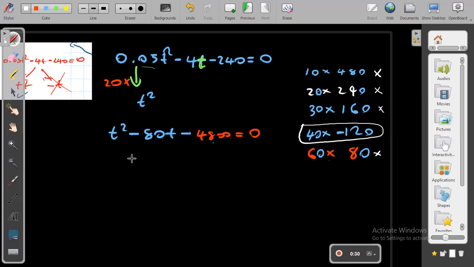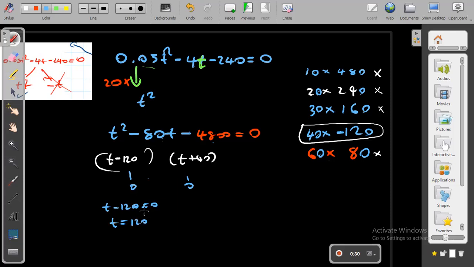Now that means you have to write t minus 120 and the other one is t plus 40. Okay. Now each of these should be 0. See, t minus 120 equals 0, so t equals 120 seconds.